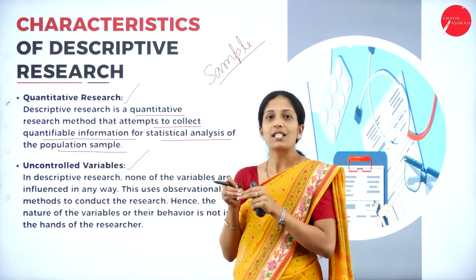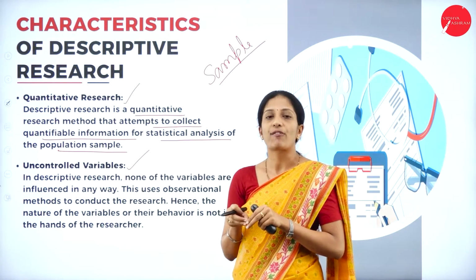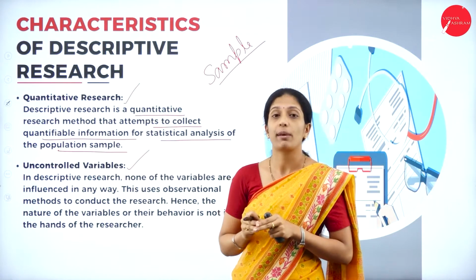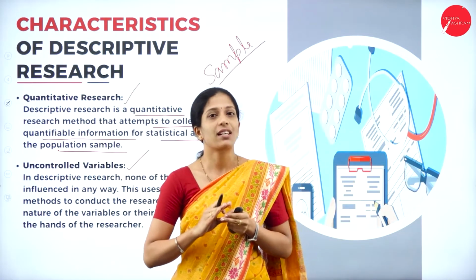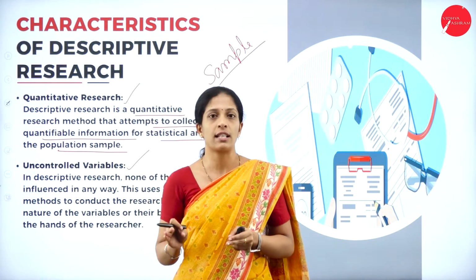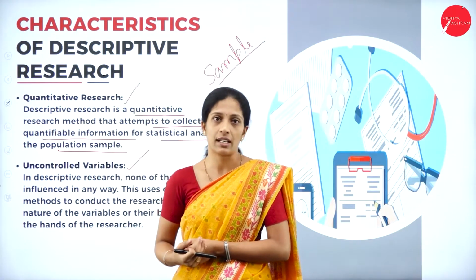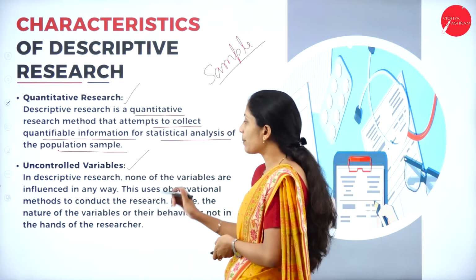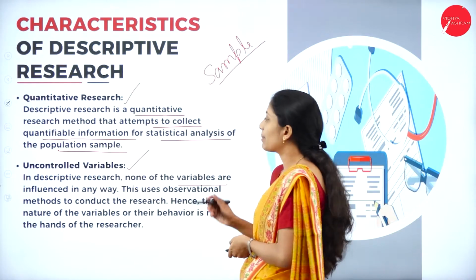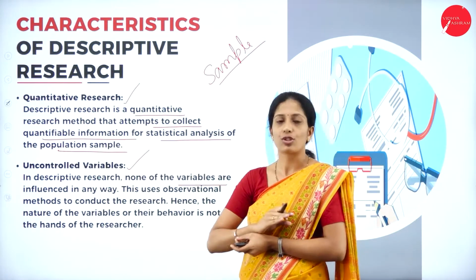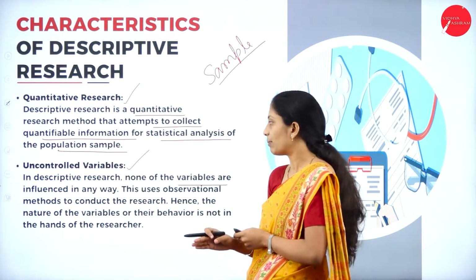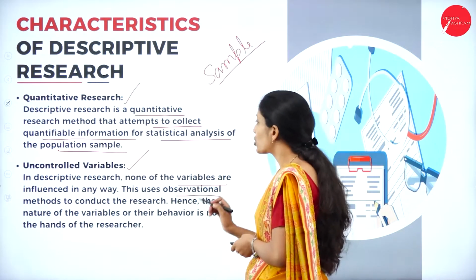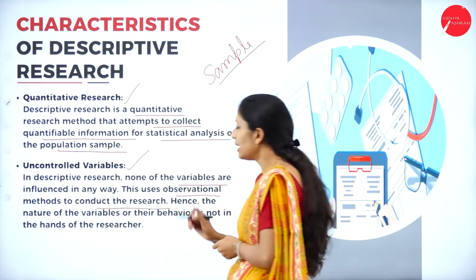Next, the second characteristic is uncontrolled variables. The variables which exist in this type of research are uncontrollable in nature. So here the researcher will not have anything in his hand. In descriptive research, none of the variables are influenced. This uses observational methods to conduct the research.